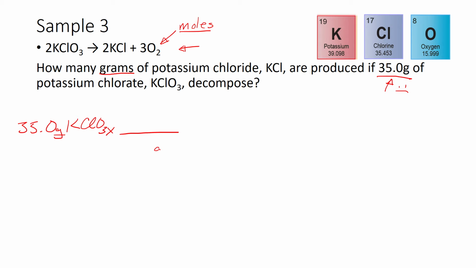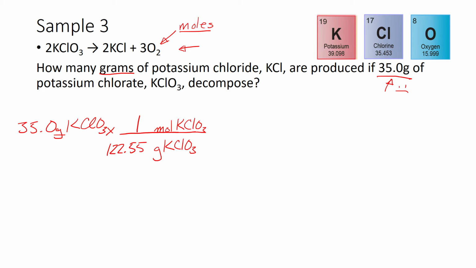So let's get out of grams of potassium chlorate and go into moles of potassium chlorate, KClO3. This step might seem a little bit goofy to you, but I know that 1 mole of potassium chlorate weighs 122.55 grams. How did I do that?